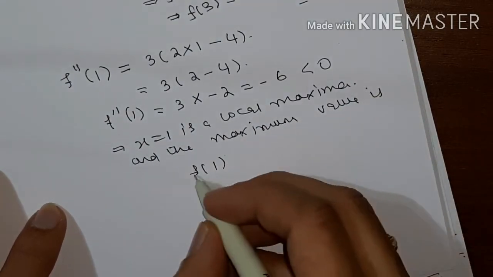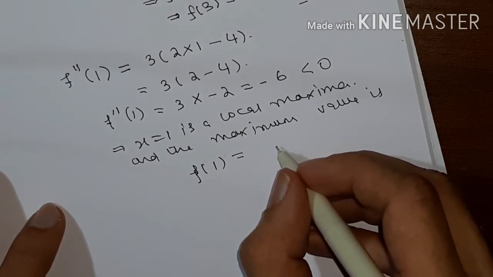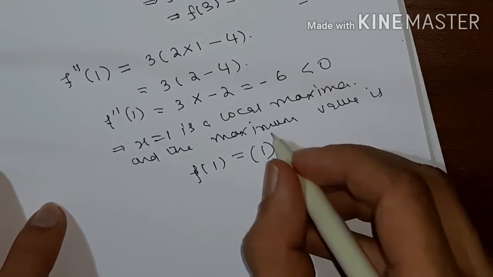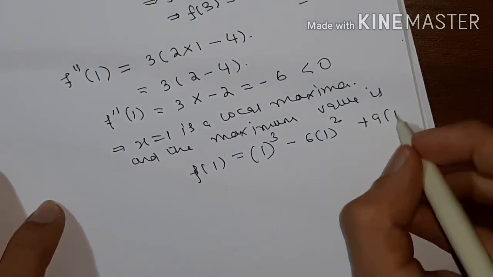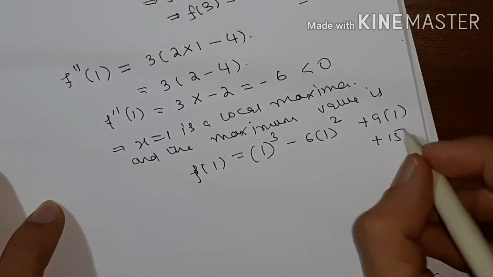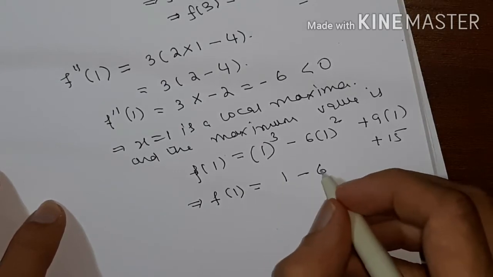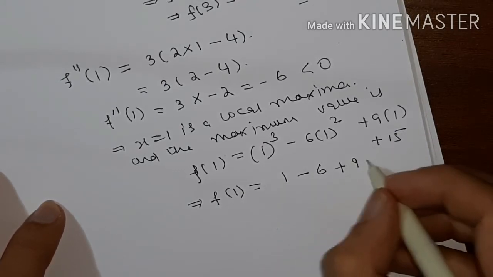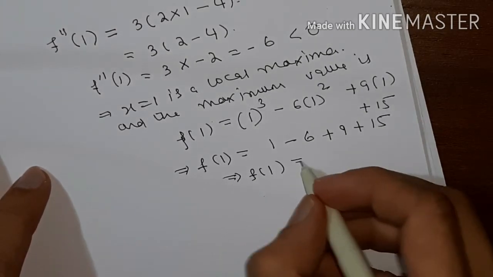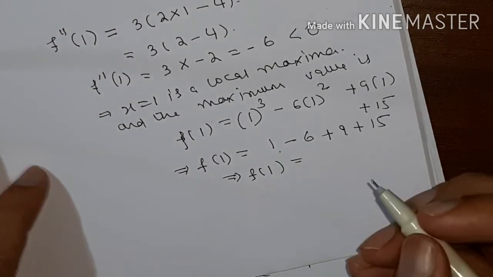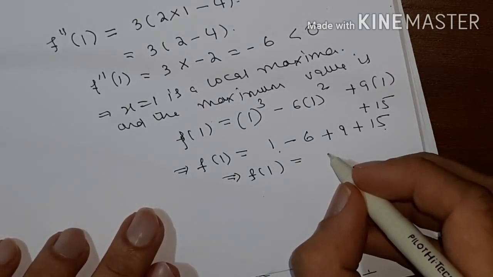f of 1, which is equal to, substitute the value 1 in the function. So 1 cube minus 6 times 1 square plus 9 times 1 plus 15. So f of 1 is 1 minus 6 plus 9 plus 15. 9 plus 1 is 10, plus 15 is 25.